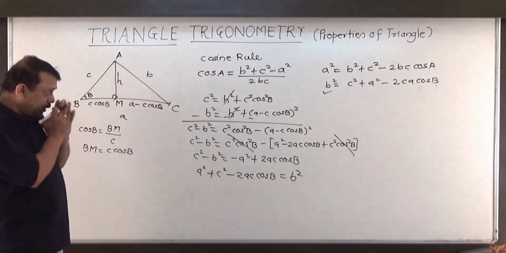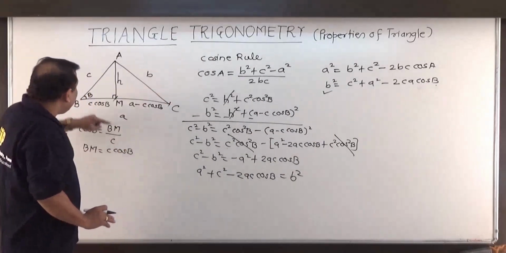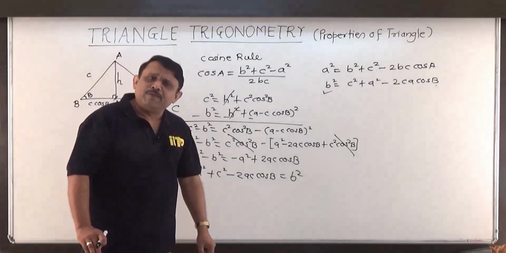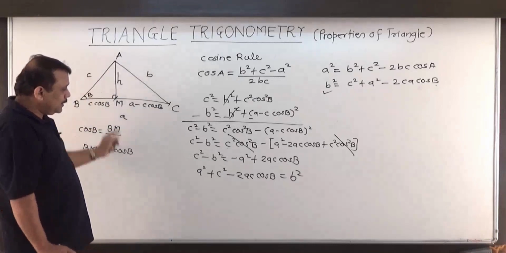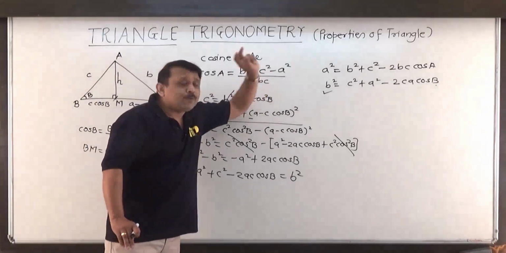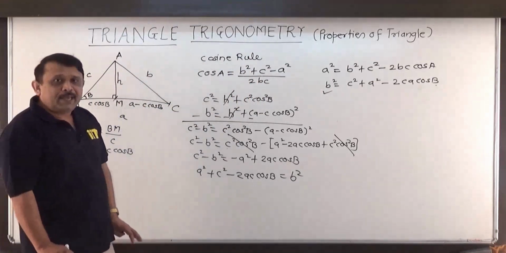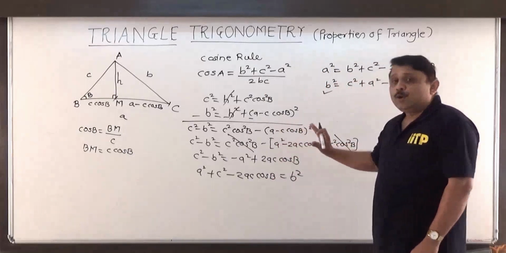This result is being established. If I wanted to apply this, I would have taken BA here and the thing can be proved very easily. So if I choose this as a, this is b and this is c, the result a² = b² + c² − 2bc cos A will come very easily. So this way we have proved the cosine rule.